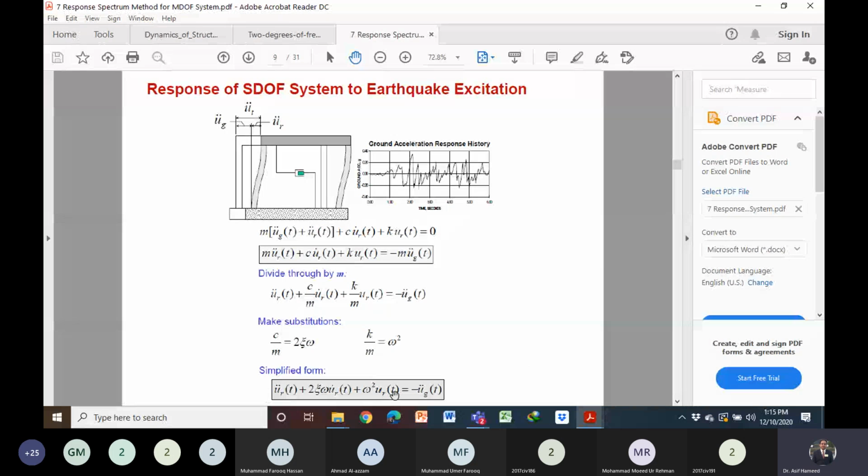Now please look at this equation. The displacement response of this single degree freedom system subjected to the earthquake excitation is a function of time t, damping ratio zeta, and the angular frequency omega n.